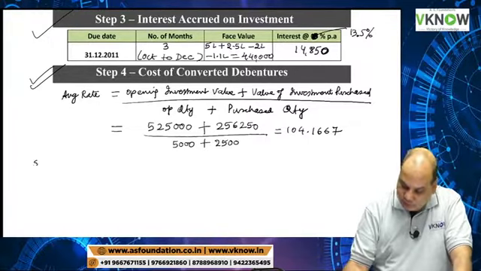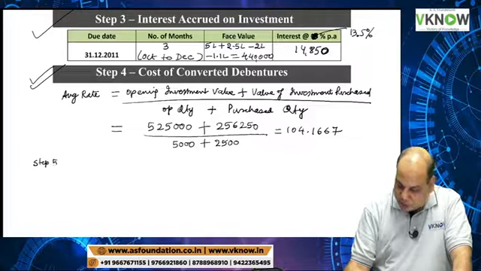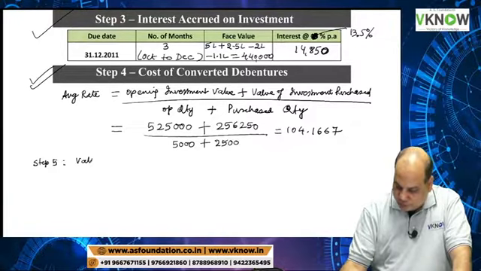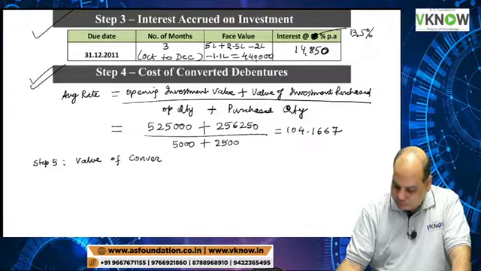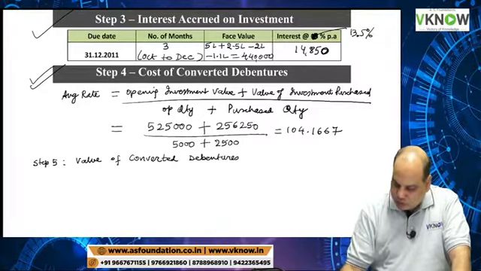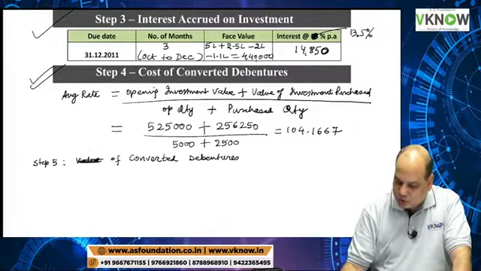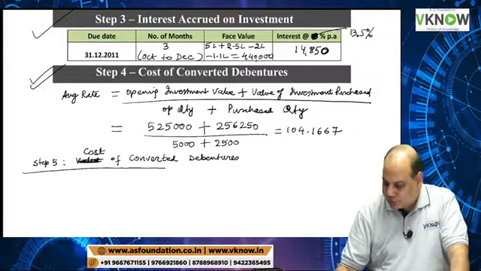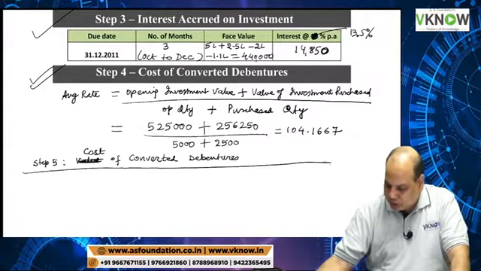104.1667. Step number 5, value of converted debentures, or you can say cost of converted debenture. Cost of converted debentures.